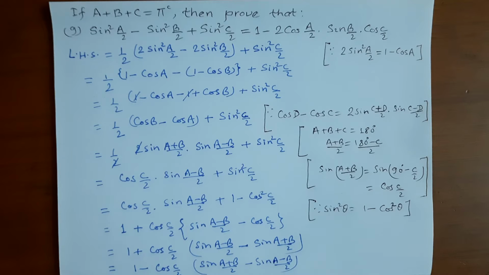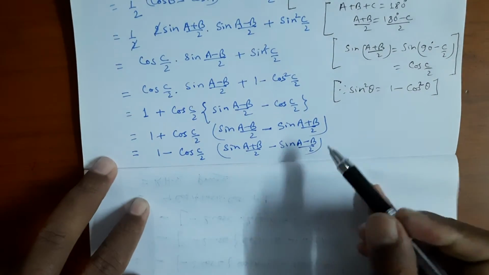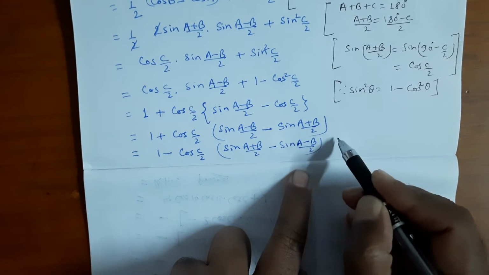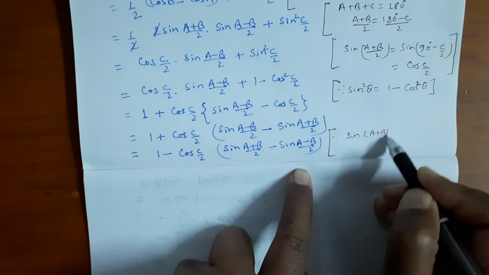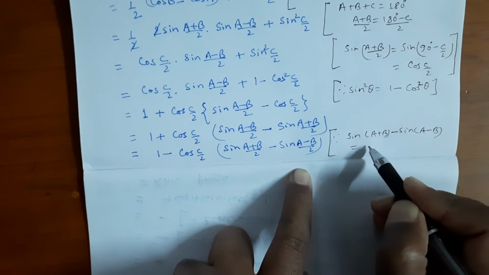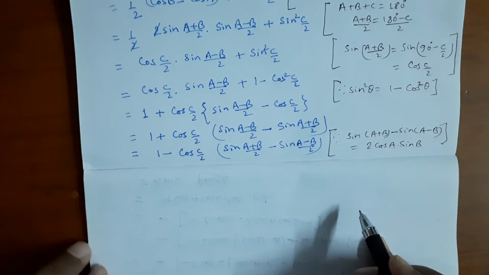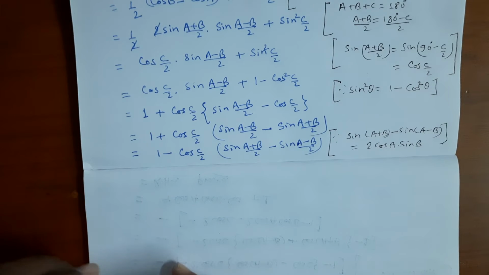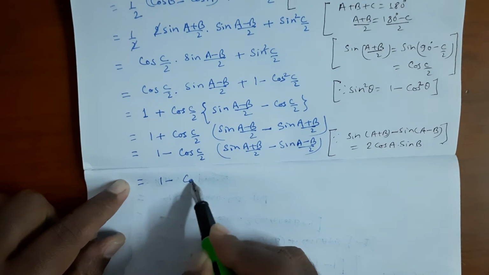And now next step, we can use this formula, that is sine a plus b minus sine a minus b, which equals 2 cos a times sine b. This is the transformation of trigonometrical ratios formula, and using that, here 1 minus, this is as it is, cos(c/2).